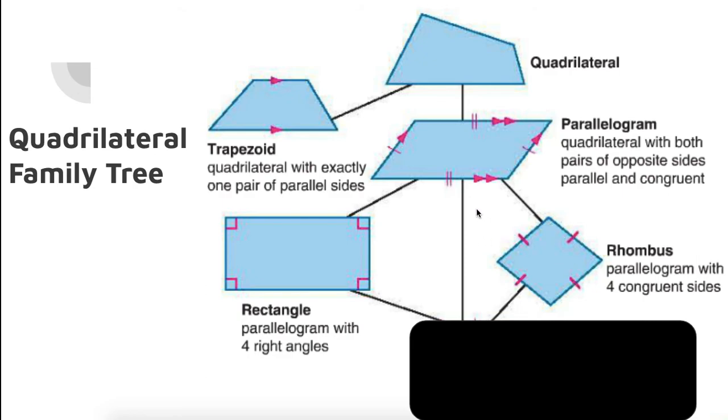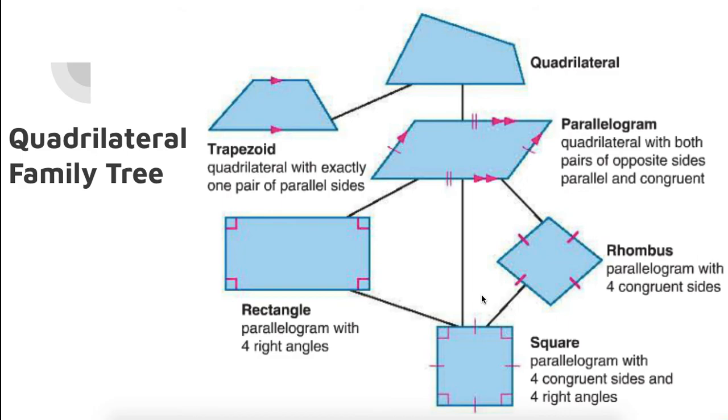Okay, and then our last one is a square. So a square is a parallelogram, that's why it has this line, because the opposite sides are parallel and congruent. But a square also has the characteristics of a rectangle because it has four right angles. And it has the characteristics of a rhombus because it has all four sides equal.